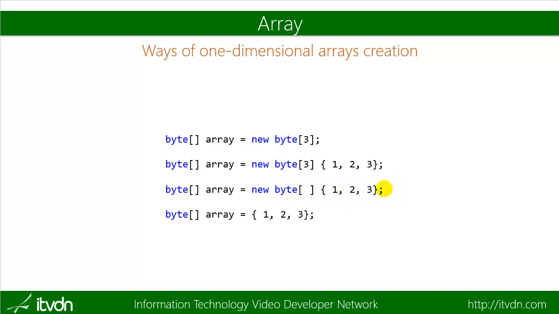The computer already understands it just by our initialization block. Then, moving on to the next one, I'll show you this also in a minute. In this fourth way of creating one-dimensional arrays, we don't even have new byte, neither do we have our open and closed square brackets. Why? Because if we have initialized 3 different elements, it means we have 3 elements here.